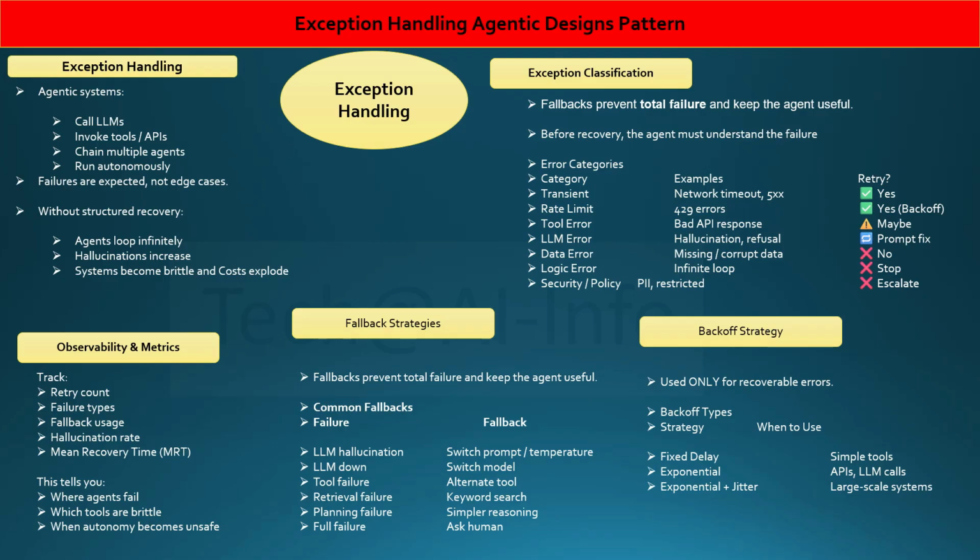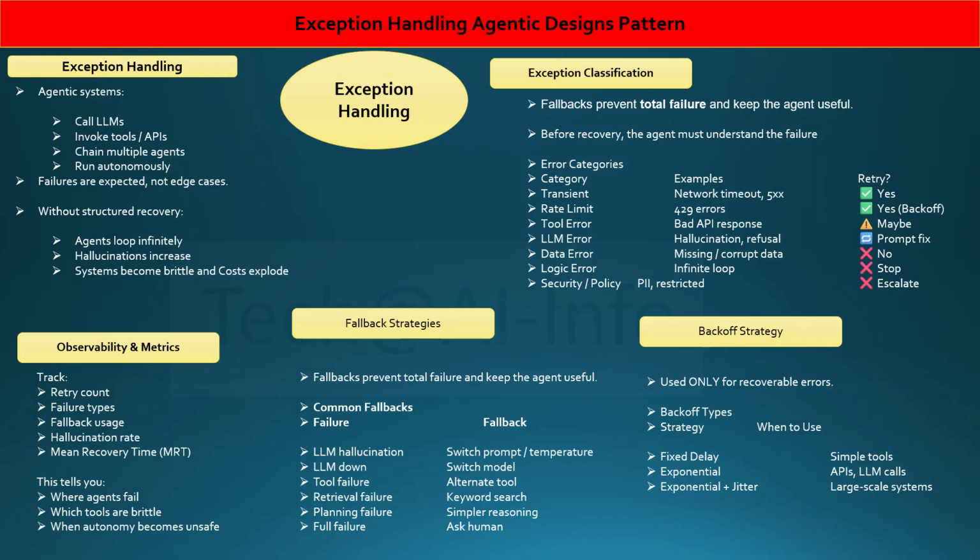Exponential plus jitter. If we have a large scale distributed system, we add randomness, which means jitter, to the exponential delays. The formula could be delay = base * 2^n ± random noise. Why does jitter matter?